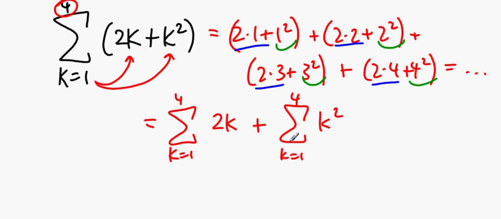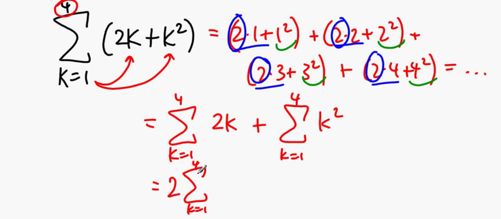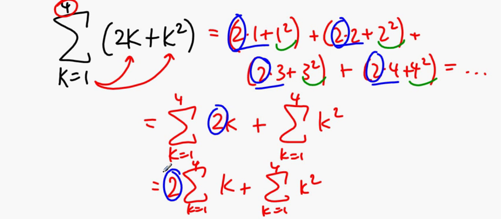I think it's also fair to say that we could suck a 2 out of here and here and here and here, and so we could suck that 2 right out of the sum. It's fair to say that constant multiples can appear on either side of the summation. You could look at the summation as a semi-permeable membrane where constant multiples can pass back and forth. Variables cannot, but constant multiples can.